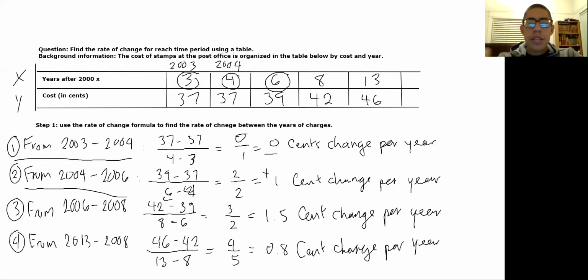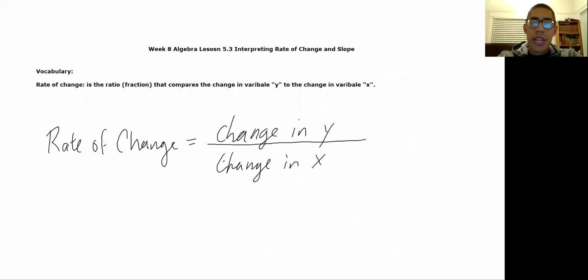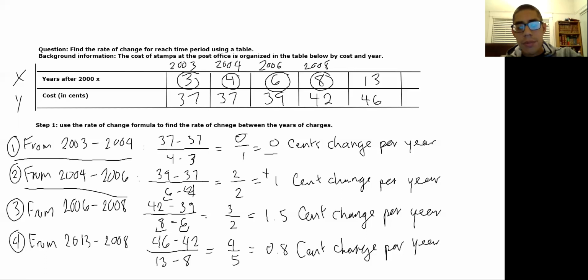Was there a major change? Well, again, we're going to start with the X value. That 8 is what we put on the bottom here, right? And the 6 from the 2006, right? Because again, we're referencing the change in X and the change in Y. The X values go on the bottom on the denominator and the Y values go on top.